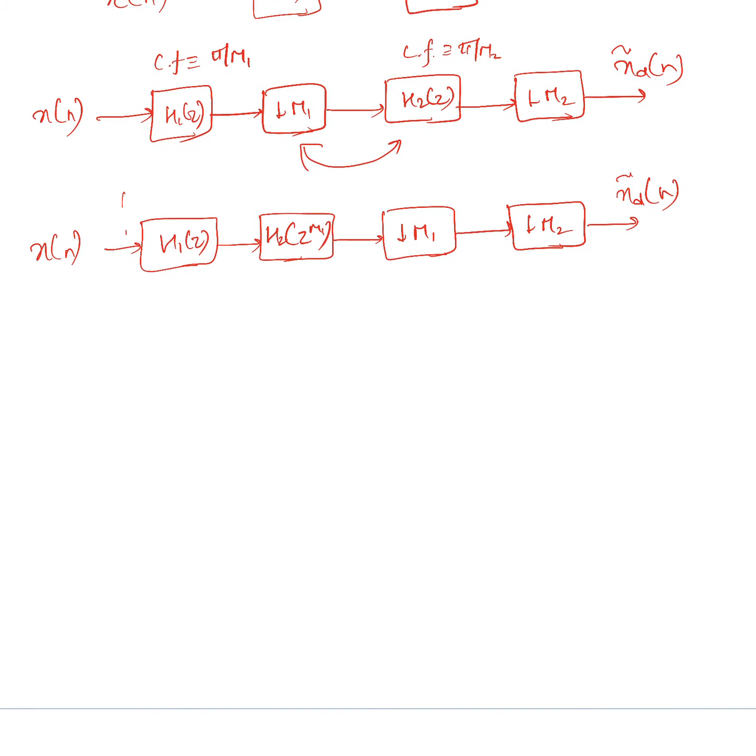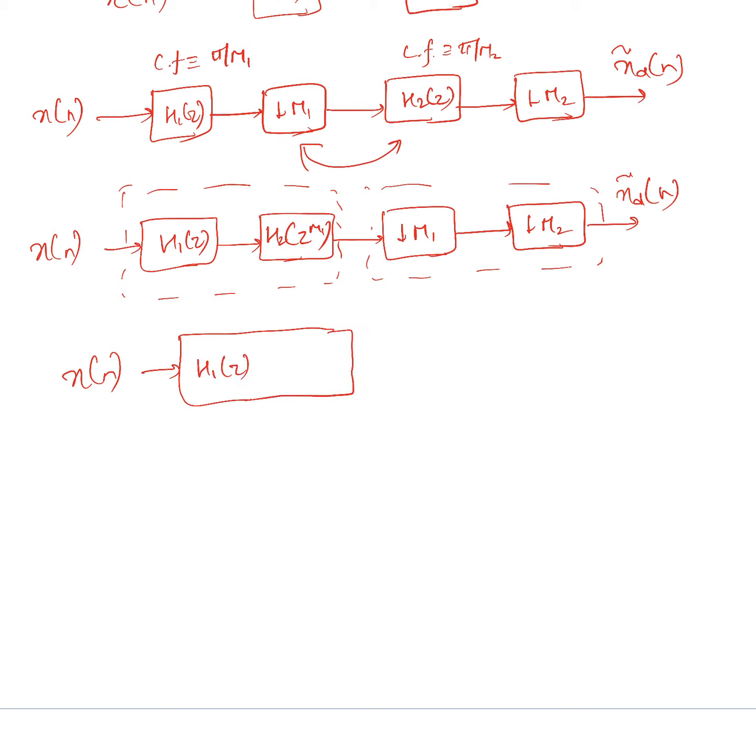And we know that I can club these two frequency responses with filters, and similarly these two things. So I can write this x of n as H1 of z and H2 of z to the power M1, pass it through the downsampler M1 and M2 to get this x tilde of n.